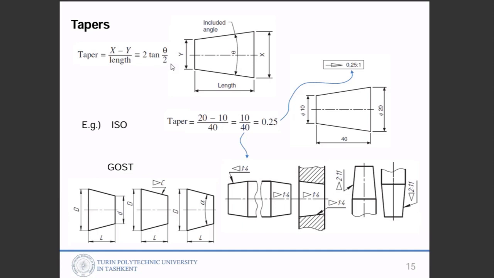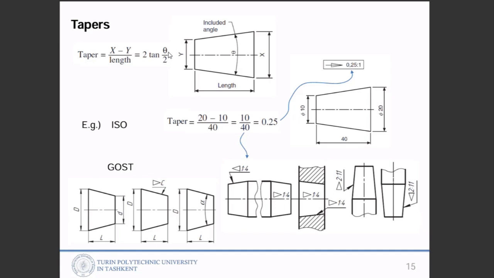For example, if the theta degree is given, tangent of theta divided by 2, times 2, gives us the taper. If the taper is given, you can calculate the theta degree.